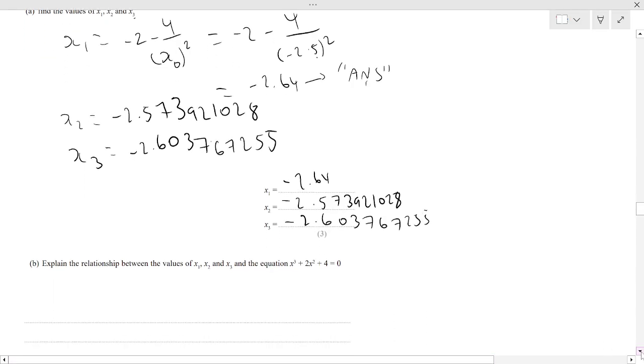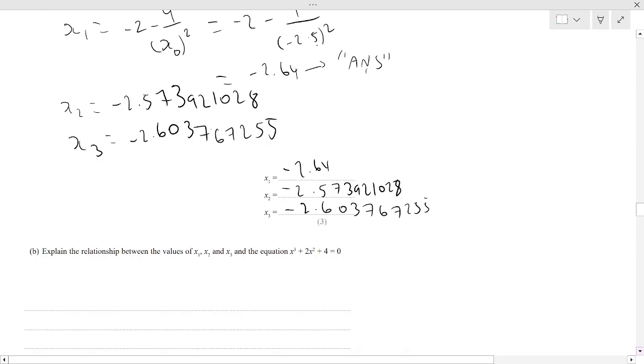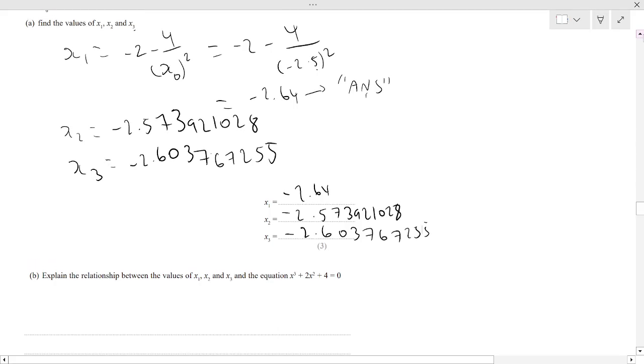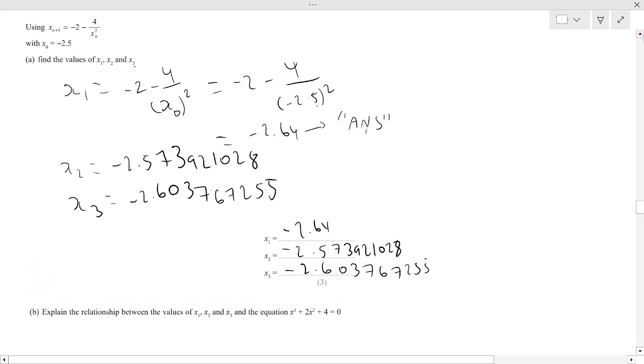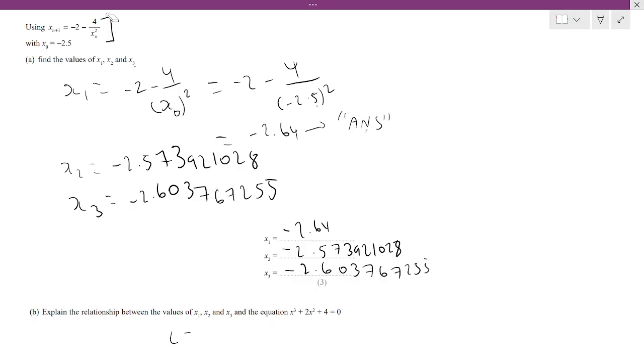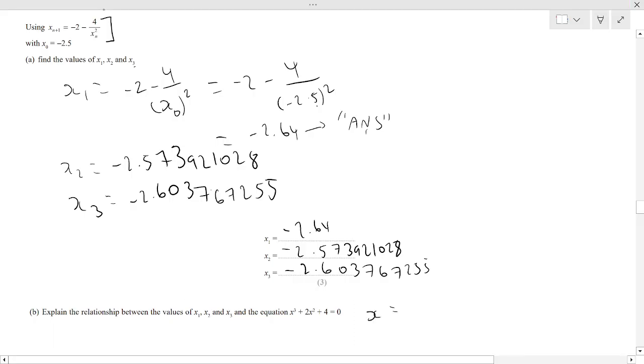Okay, then it says, explain the relationship between these three values and this equation. Well, it's not entirely clear at the moment, but I notice that this probably can be rearranged in a different way. So this is saying x is minus 2 minus 4 over x squared, right? Because there's no x_n here.